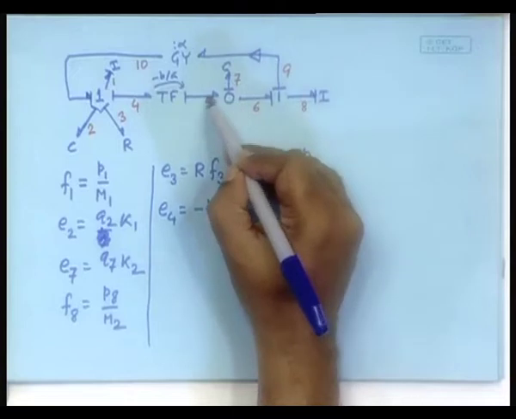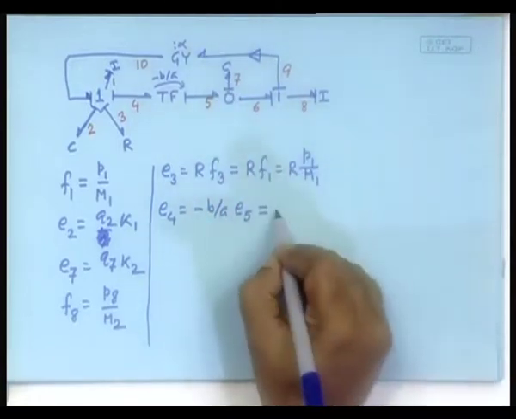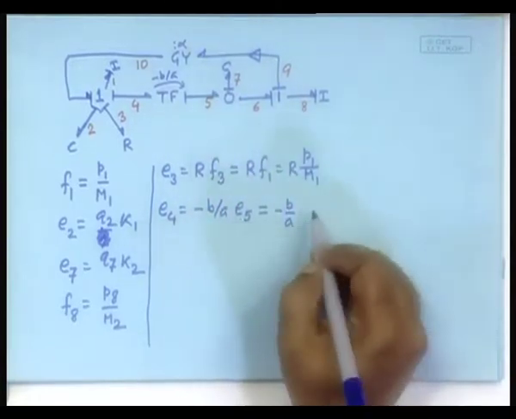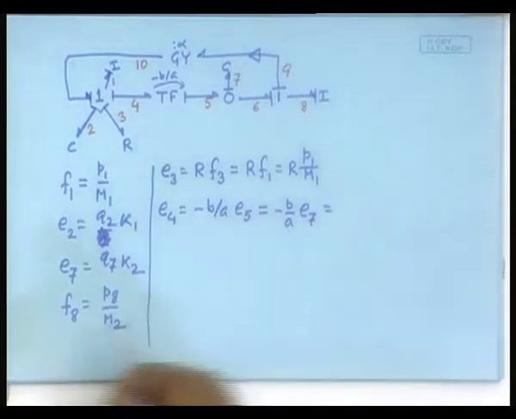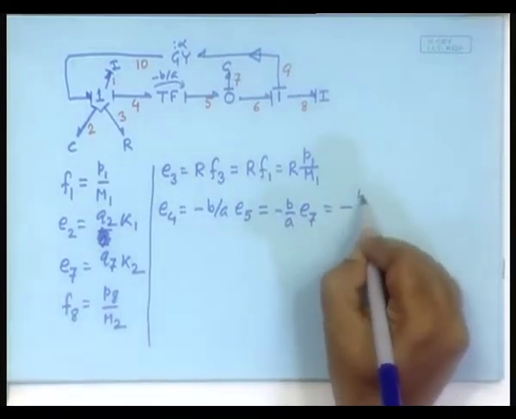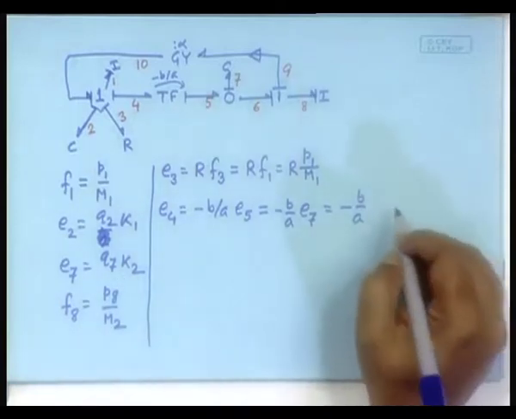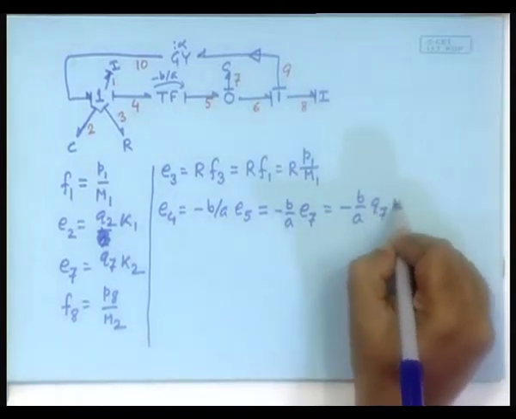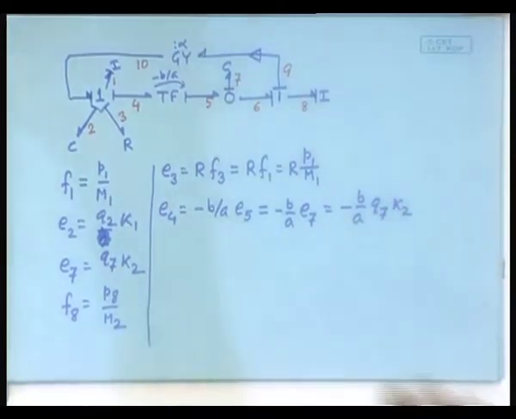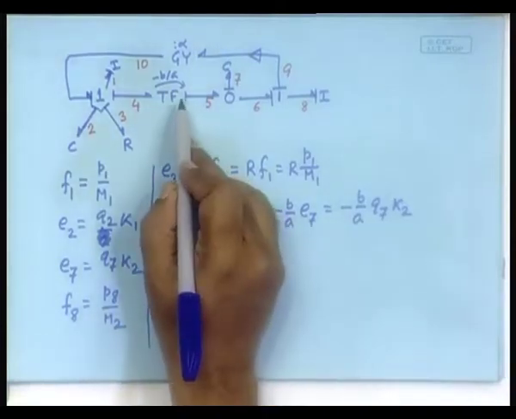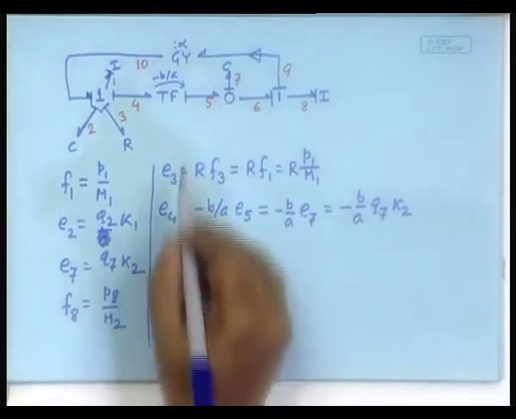Zero junction, E5 is equal to E7. So, minus B by A E7, which is Q7 K2, done. Then it gives in this bond, what does it give?